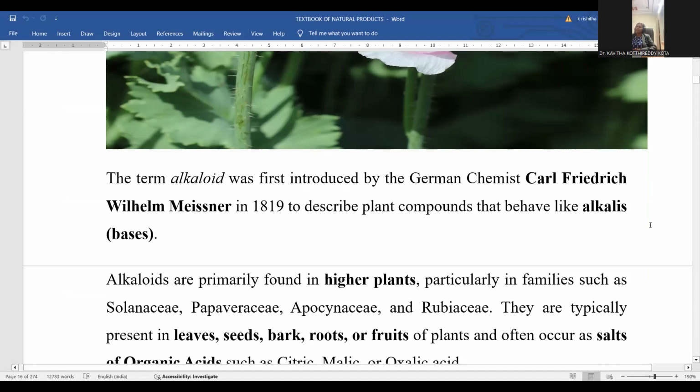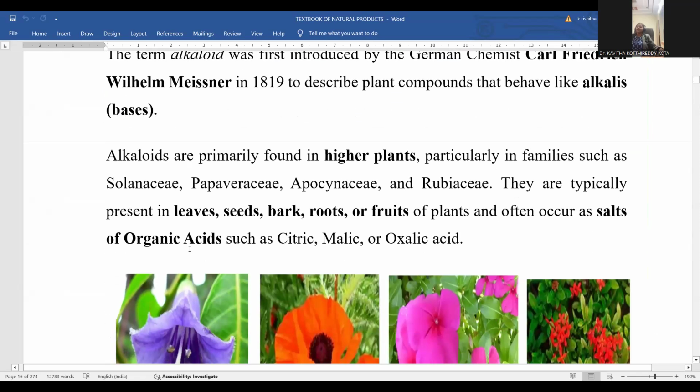Alkali is nothing but base, so nitrogen is the cause for the alkaline nature of these compounds, so the name alkaloid was induced. Being nitrogen is part of these compounds, they are alkali-like, base-type materials in general. That's the reason why the name alkaloid is used for these compounds.